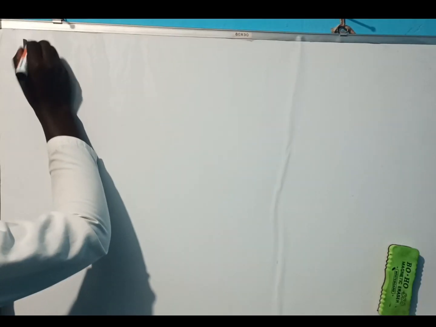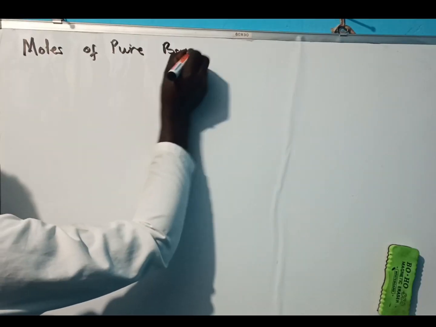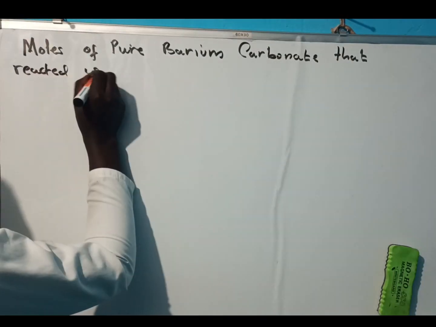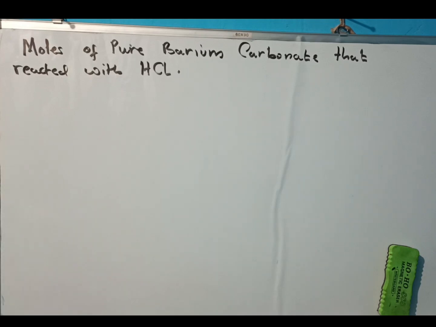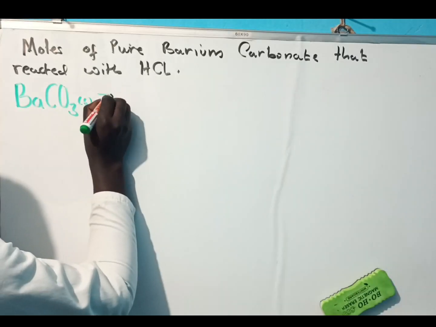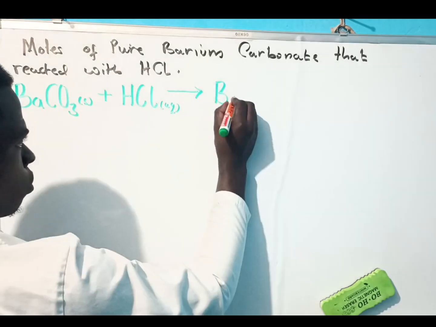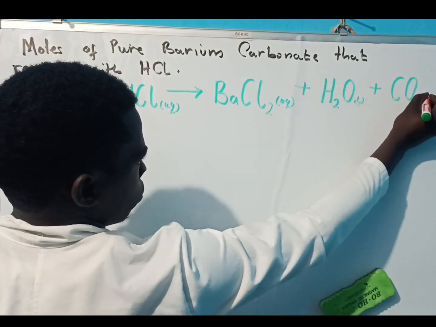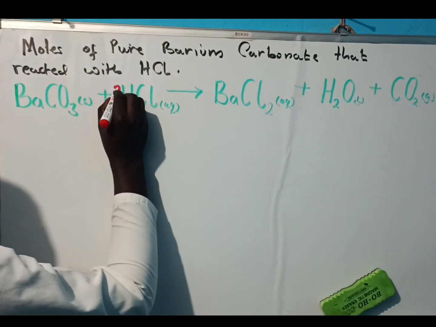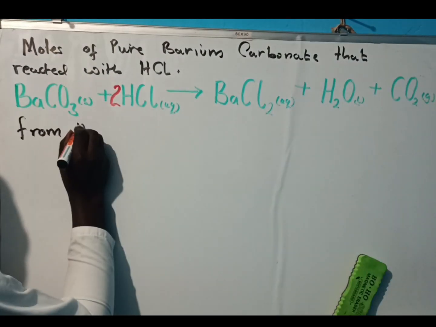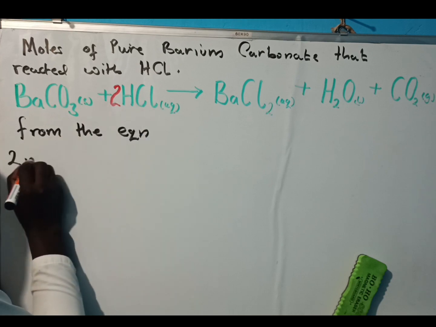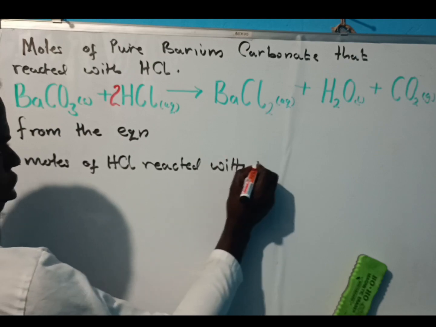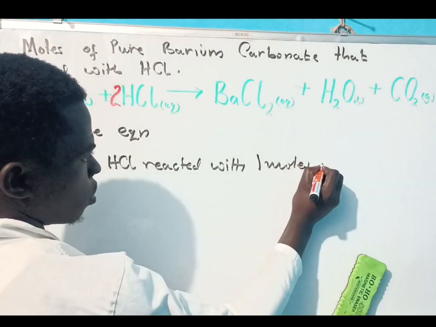We can now determine the moles of pure barium carbonate that reacted with hydrochloric acid in Fa1. The reaction between barium carbonate and hydrochloric acid can be described by the equation. From the equation, 2 moles of hydrochloric acid reacted with 1 mole of barium carbonate.